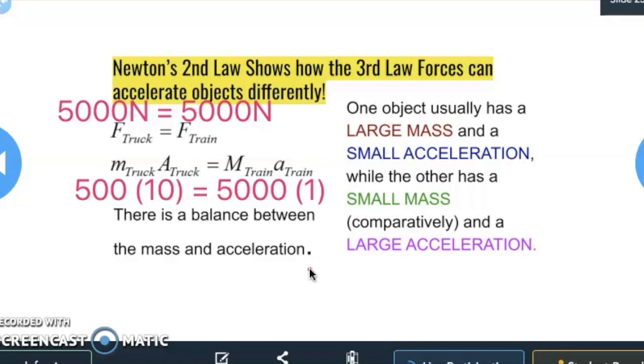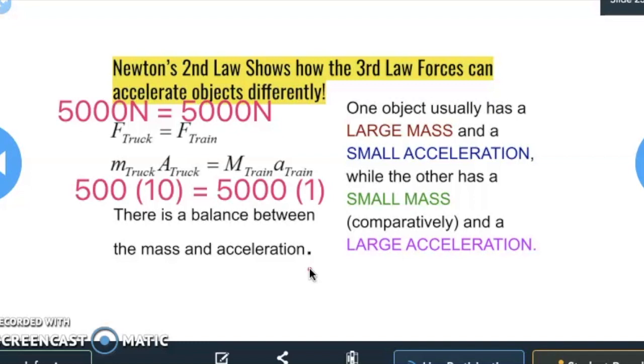The bigger mass will always accelerate less. The smaller mass will always accelerate more. The big key takeaway, though, is that the forces acting on both objects in a third law pair must be the same size.